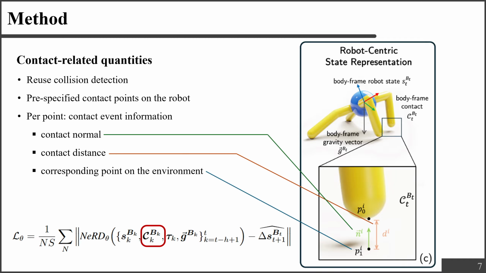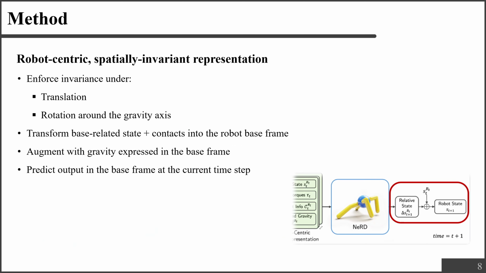This way, the model sees meaningful near-contact signals without being flooded by irrelevant far contacts. Now, even with good contact inputs, you can still lose generalization if the representation is world-frame dependent.